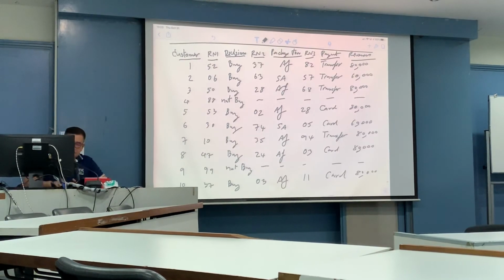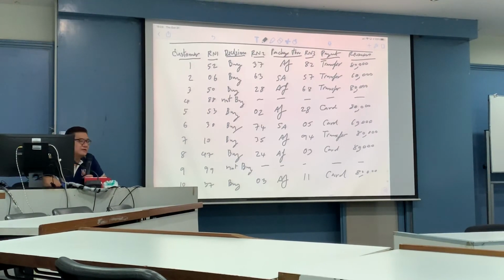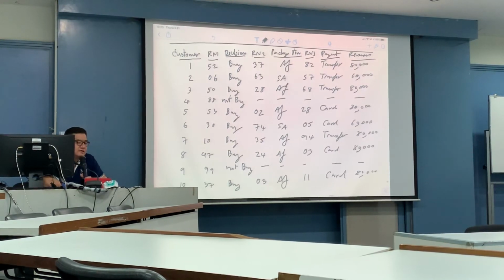So we just developed the 10 customers by using the Monte Carlo simulation to simulate the behavior of these customers. Start with the decision that you're going to buy or not buy the package tour, if they buy, and the payment method, right? So just like this, not that difficult, right?